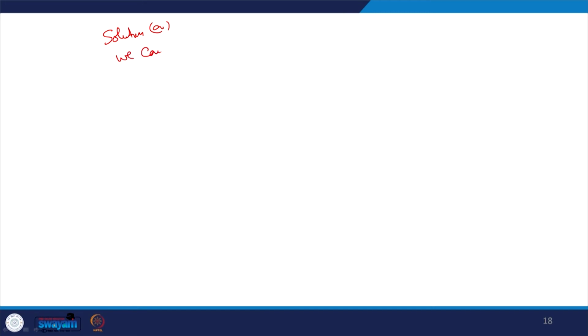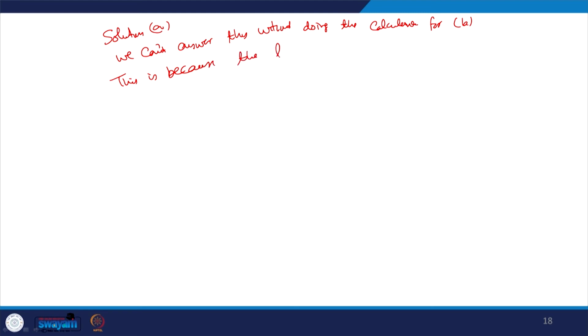Now, we can't answer this without doing the calculation for part B. Now, this is because the temperature must go down to keep the volume at 10 meter cube.